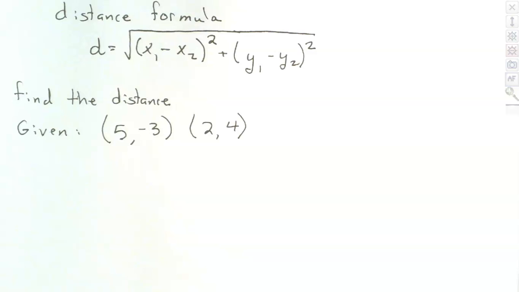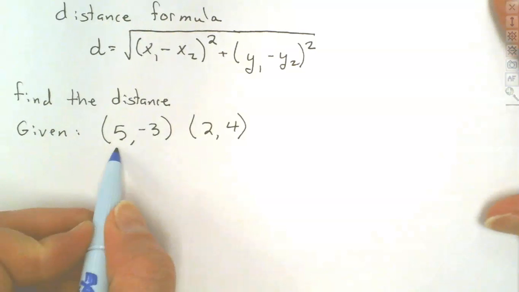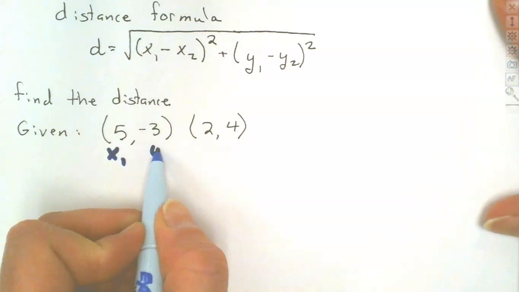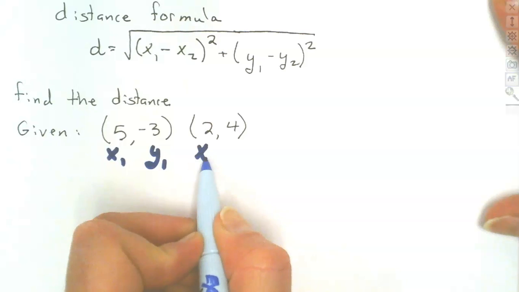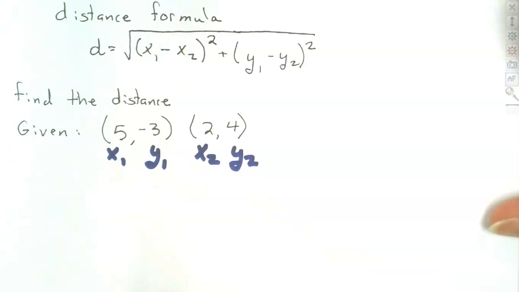I am going to go through this one a little bit slower than I did with the midpoint, because this might be new for a lot of you. When we go to use the distance formula, the midpoint formula, and even the slope formula in 2-3, we always label our ordered pairs. x1, y1, x2, and y2. So those always get labeled.